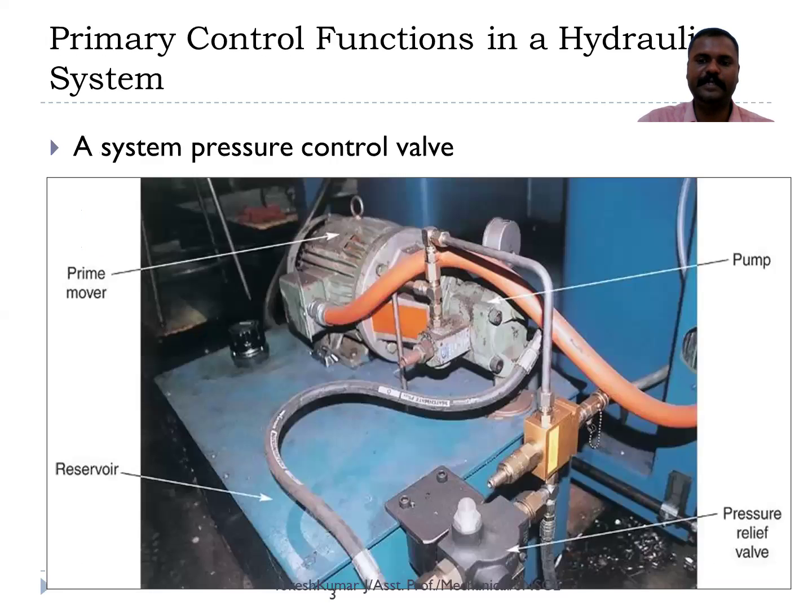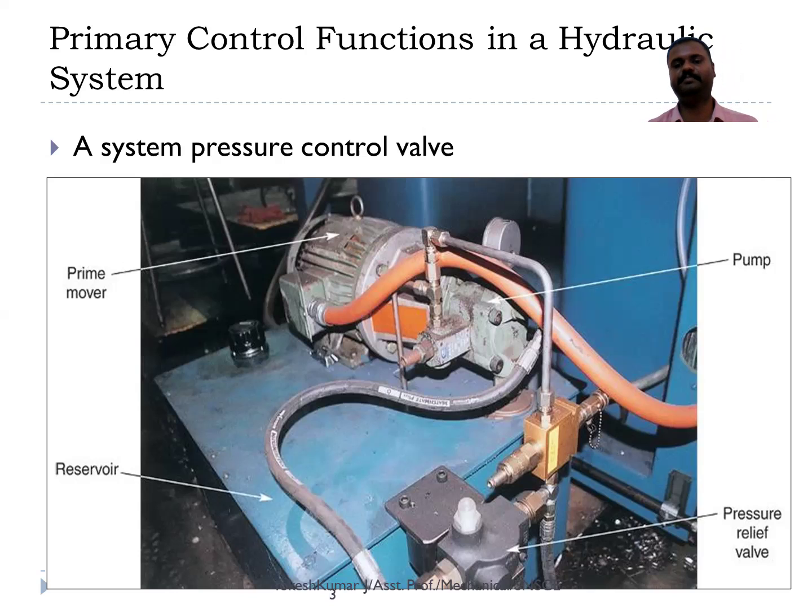This is the typical application of the pressure control valve, where the motor is connected with the pump, the pump is connected with the hoses, and finally it is connected with the pressure relief valve. At the bottom we have a reservoir. This complete setup is called a hydraulic power pack. A hydraulic power pack consists of a prime mover, which is used to power the pump.